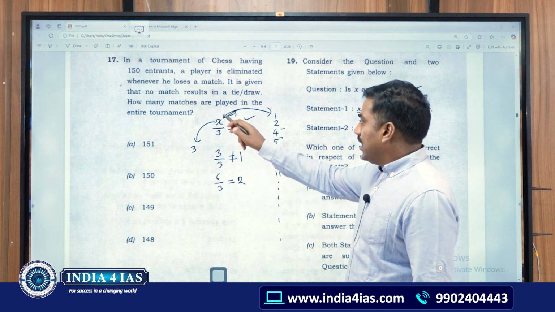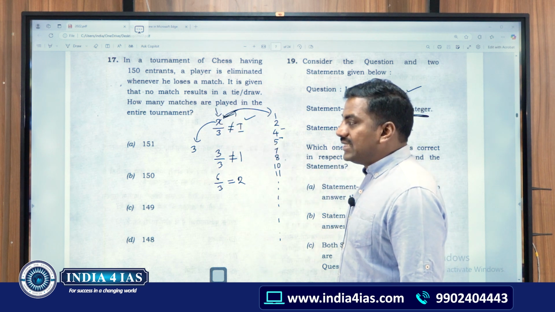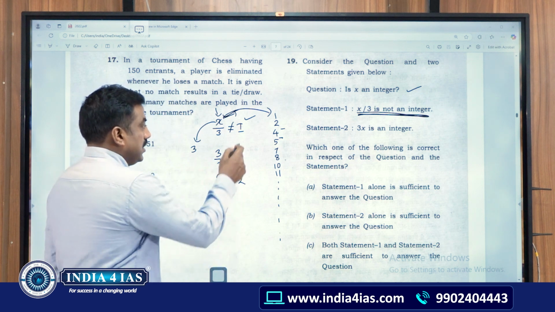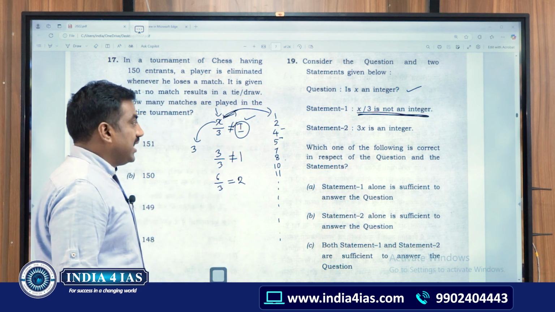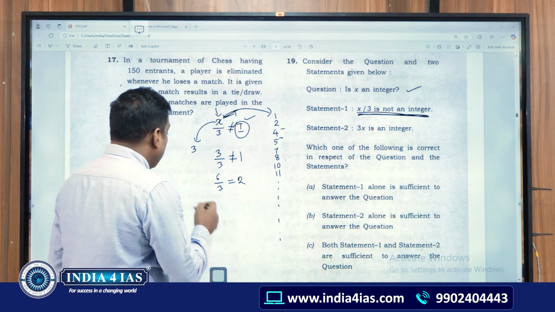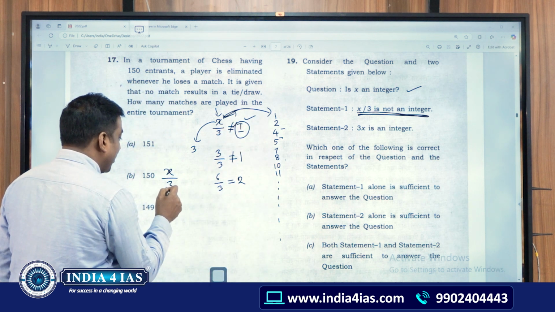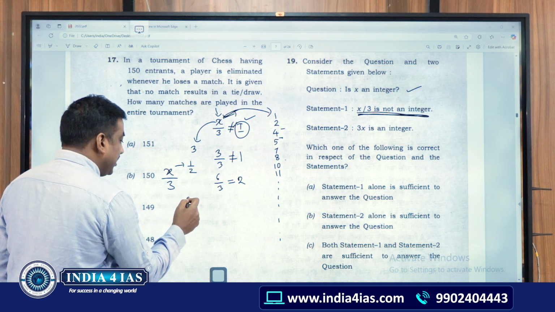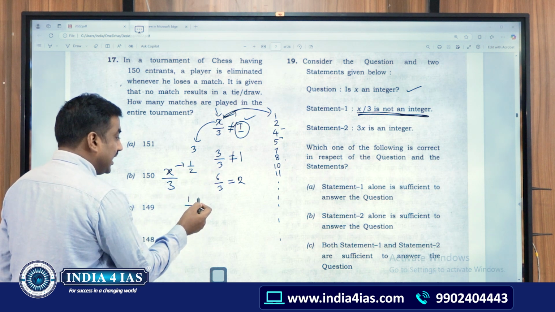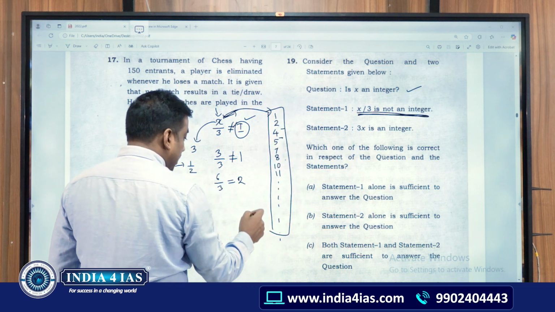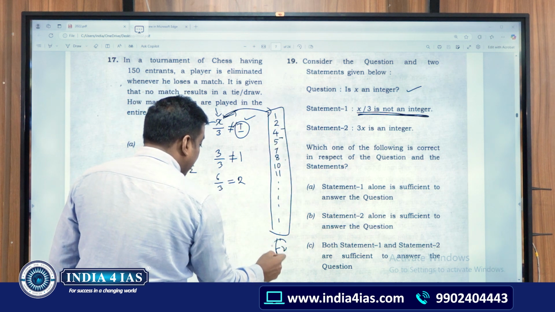So can I tell x is an integer? And they are telling this is not an integer. But why should I take only integers? For x by 3, if I take x as half, half by 3 is 1 by 6, which is not an integer. So x can take all these integral values, plus it can take any fractional value also.